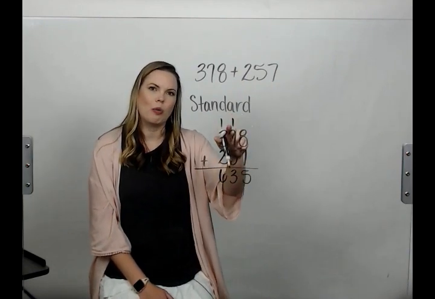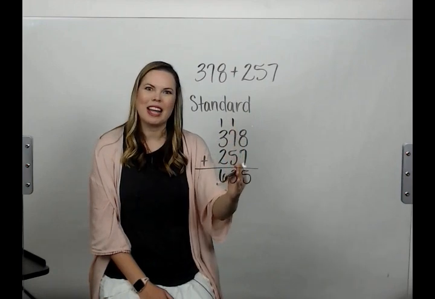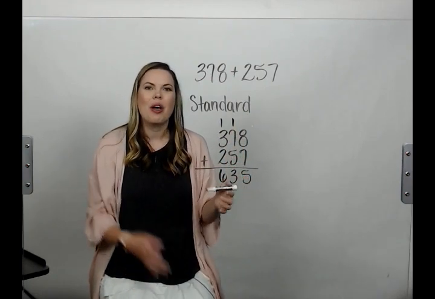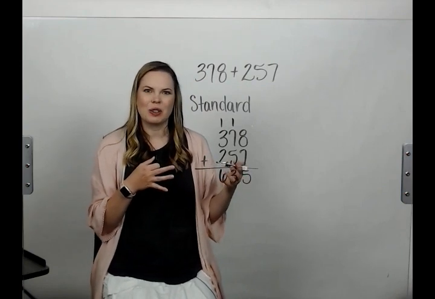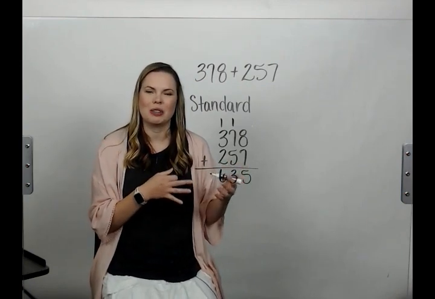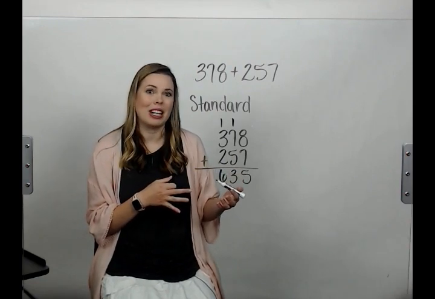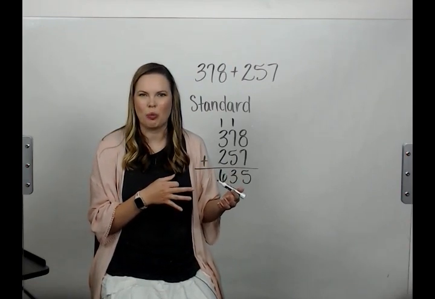So we have to put our 1 in the tens place, and our 5 in the ones place. A lot of times we go through the motions and take it for granted, and then when we try to teach our students this algorithm, it doesn't make sense to them and we don't know why.